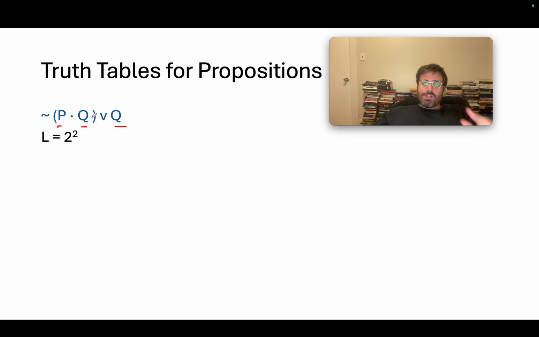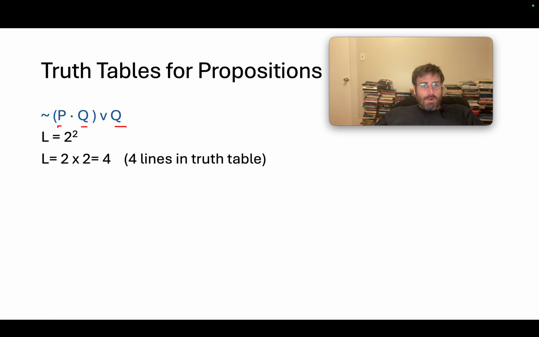Not 3, just p and q. All right, so in this case, we're going to have a truth table with 4 lines, right? 2 raised to 2 equals 4. So that's the total number of rows we're going to need. 2 times 2 equals 4. So it's going to be 4 lines in our truth table.